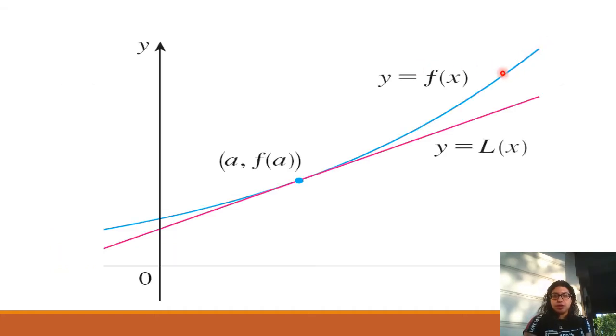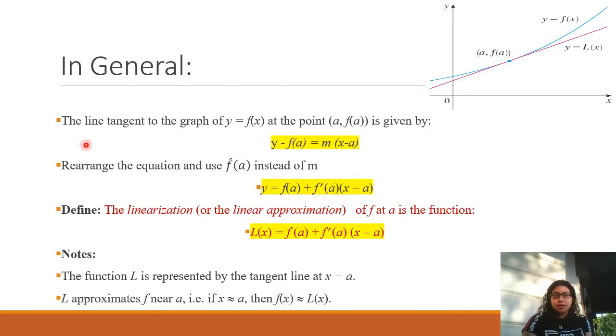Here is our usual graph, the same graph that I use in all of the lectures, which represents the function f of x, and here is the tangent line that is drawn at the point A. If I wanted to write the equation of this tangent line, the pink one, y equals L of x, and we will understand why we call it L of x.